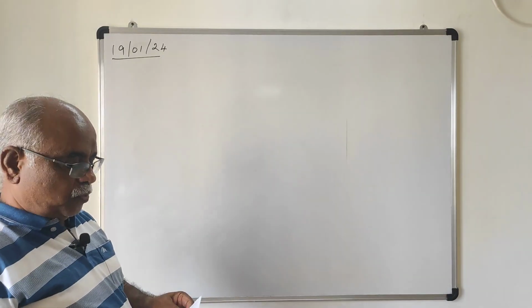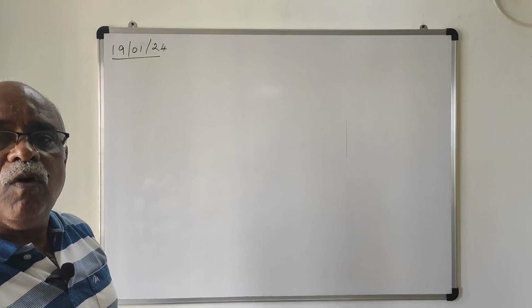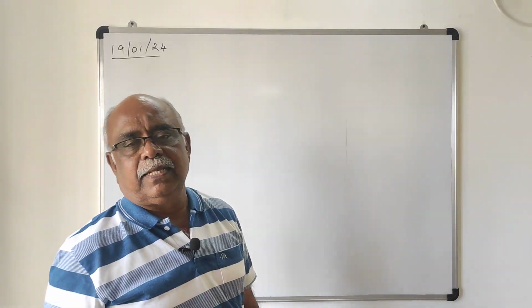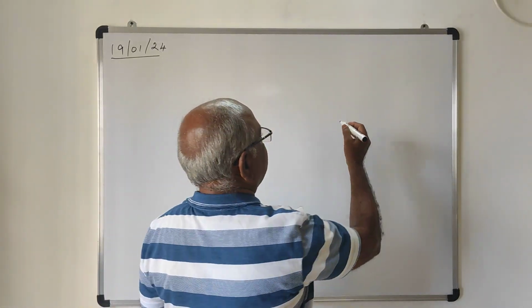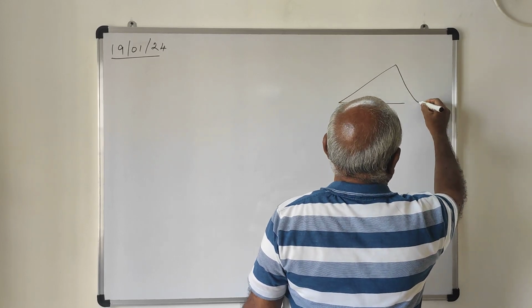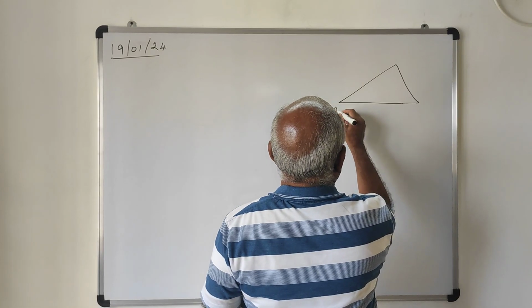Now in this video, I am going to find the area of the triangle formed by the two vectors A and B as the adjacent sides of the triangle. Consider this triangle ABC.